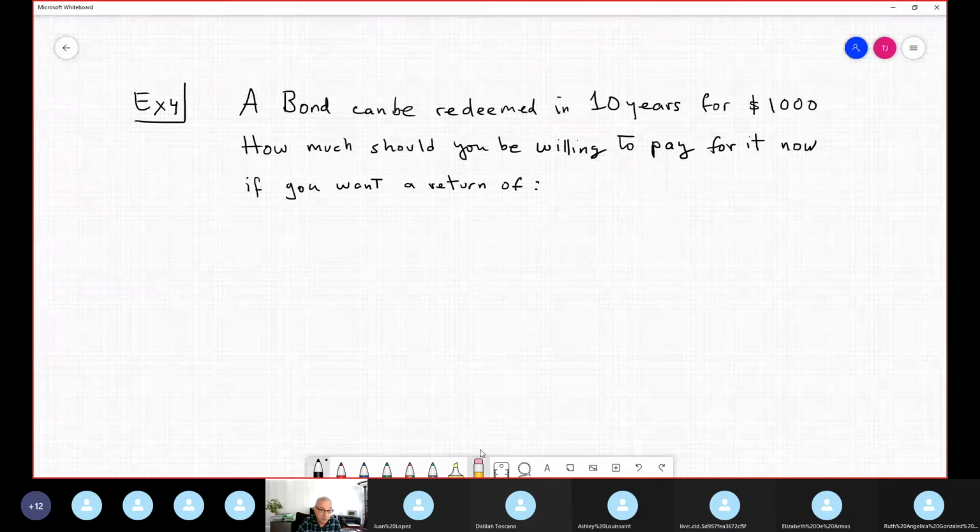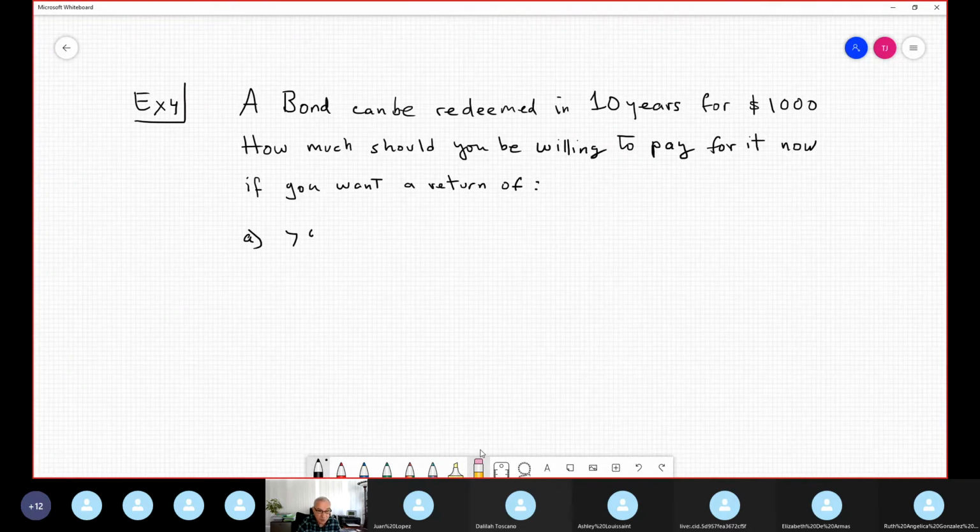Entonces we have two possibilities. One possibility is 7%, compounding monthly.